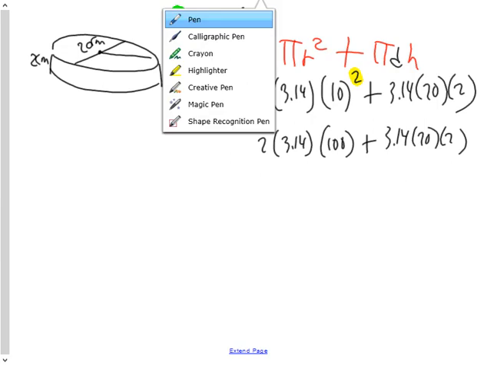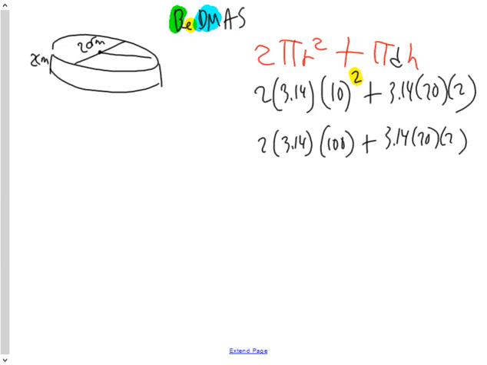And now when I look at my next step, I have division, multiplication in the order they appear from left to right. I do have multiplication. So I'm going to solve all of the multiplication before I do my addition. So 2 times 3.14 times 100 is 628. And the reason why I can do that is I doubled 3.14 to get 6.28. And when you multiply it by 100, you move your decimal 2 places over, so 628.